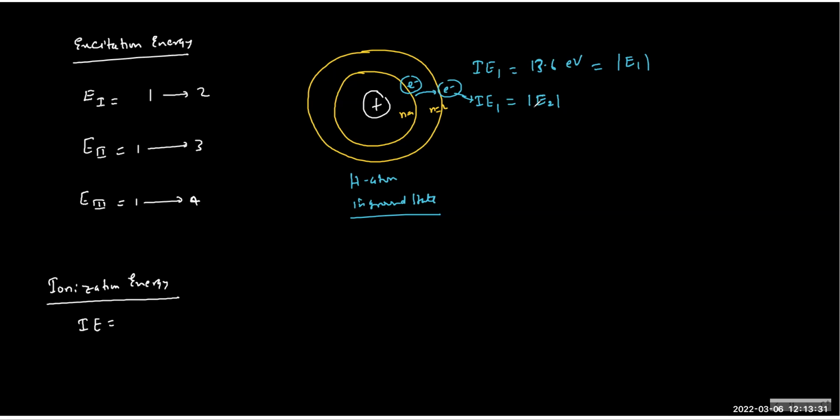That's the idea. If you are in any energy level, E1, E2, E3, we know all are negative values, correct? To remove the electron from any orbit, you just supply the positive value of it. To remove from the first orbit, you supply the positive of this value.